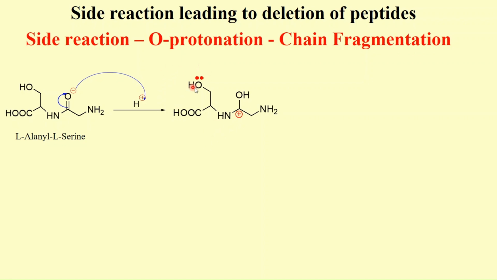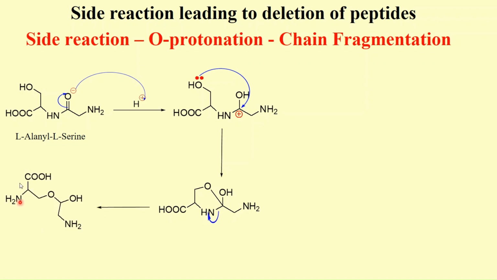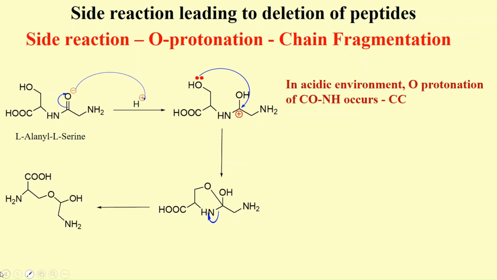In the side chain, the OH functional group, which is electron rich, forms a bond with this positive center and leads to cyclization, and it has to maintain its valency. That's why the carbon nitrogen bond breaks and it disrupts the peptide bond which has been formed, and fragmentation has occurred.